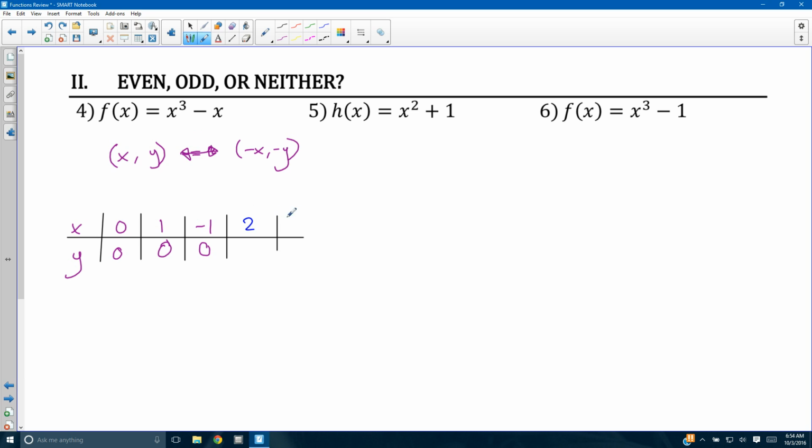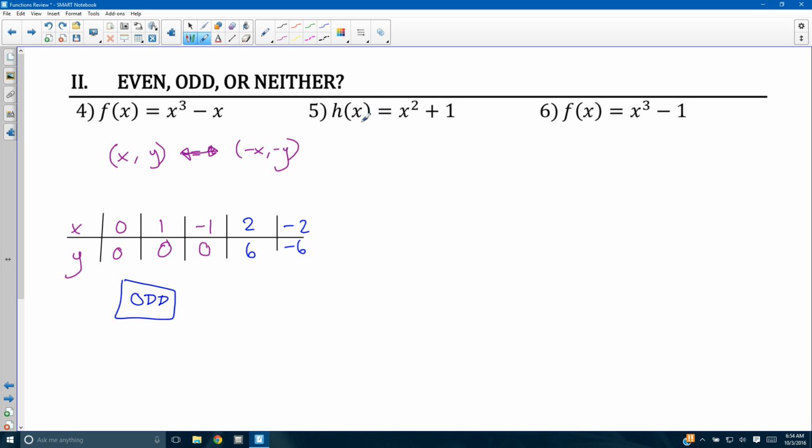How about 2 and -2? If I plug in 2, I get 8 minus 2, which is 6. I plug in -2, I better get -6. -8 minus -2 is -8 plus 2. That's -6. So it looks like things are working out here. Anything that I plug in as an x, y value, I'm also getting a -x, -y back out, even the zeros. So I'm going to trust this thing. This looks like it's an odd function.